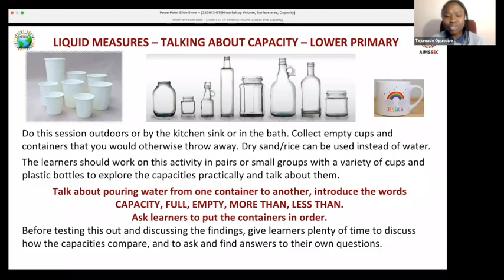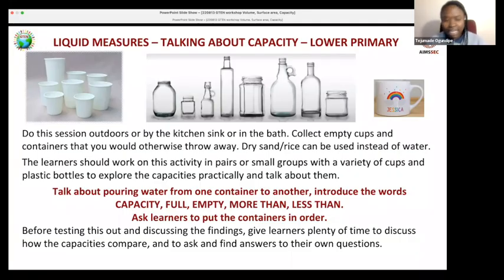So ask learners to put the containers in order. Just like I mentioned, before you actually start testing it, ask them to put it in order. And then when you go about pouring rice or sand inside, and they pour from one container to another container, check whether they were correct in the order they arranged it.